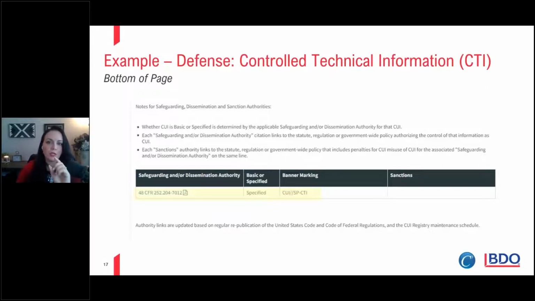So if you are walking through an exercise with your contract authority and you are saying, okay, we believe, or our contract officer believes, that this information is CUI//SP-CTI, what I encourage you to do is click on this bottom link, and some of these controls have multiple reference documents, and read the information, because it will give you very specific details on what work products, what documents, what data will fall under that definition, and you will get a much bigger picture.